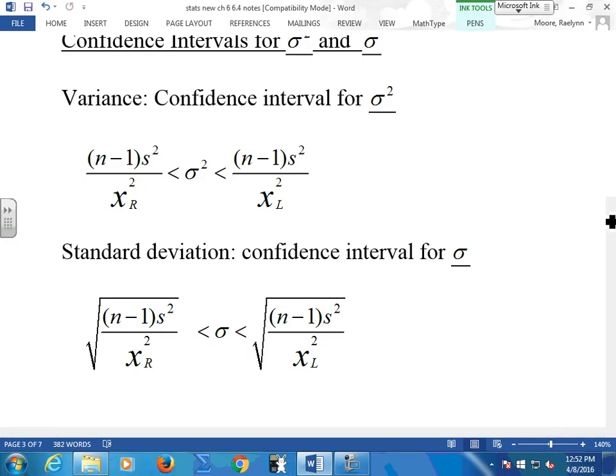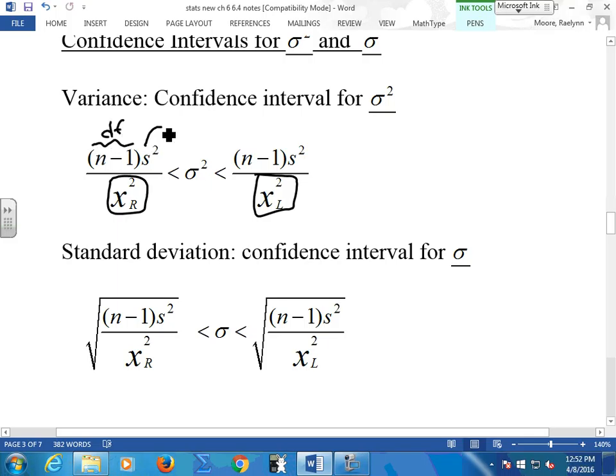It looks bad, but watch. This is the guy you just found. Did you not just find that? What is n minus 1? That's the degrees of freedom. What is s? When you put it in, this happens to be the variance, s squared, for the sample.